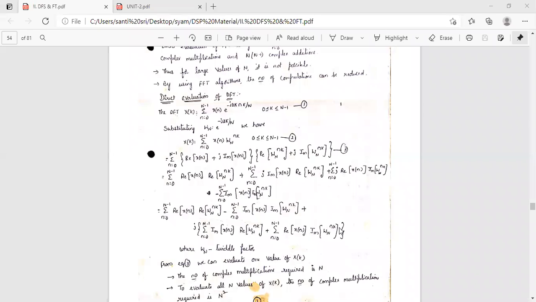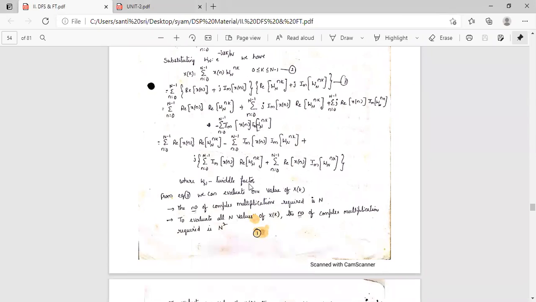Now multiply these two so that we will write real terms into one side and imaginary terms into another side, so that we will get this equation, where this W_N is considered as twiddle factor. W_N is called twiddle factor.